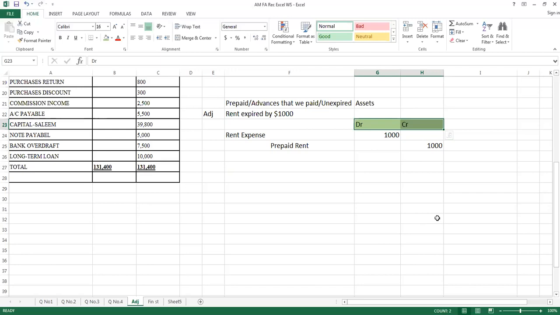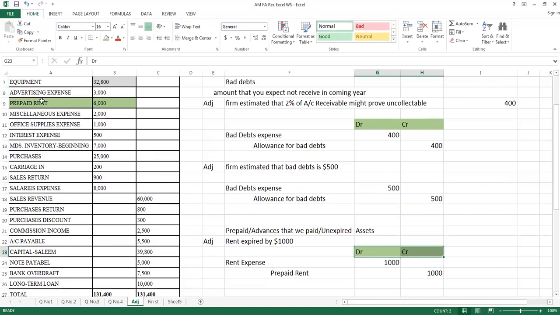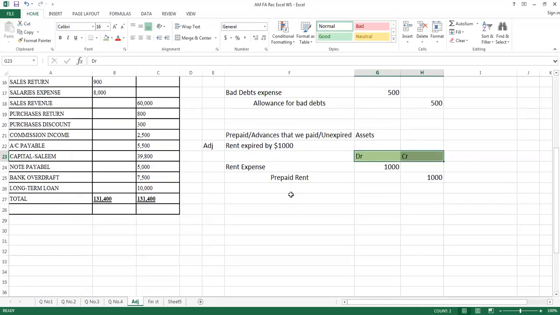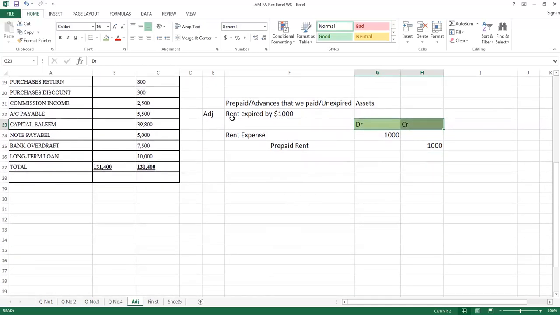So whenever you face a situation in which you already have some advances on the debit side, and your question tells you that some portion has expired, we can make this adjusting entry in which we put expense on the debit side and prepaid on the credit side by the amount given in the question.